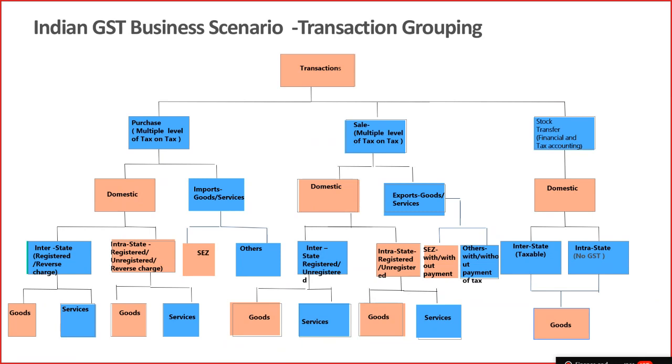Import, we have the normal import scenario, but we have an SEZ purchase as well. And when we buy from an SEZ company, the transactions will be treated similar to the import. There are cases where for DTA transactions, the system will not treat it as import.